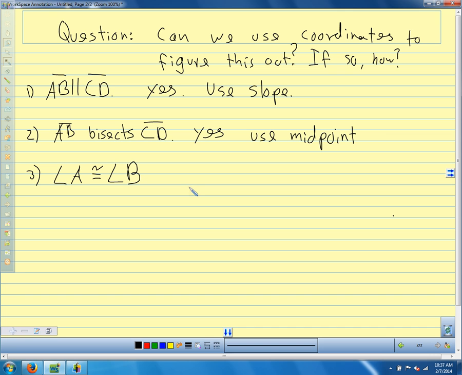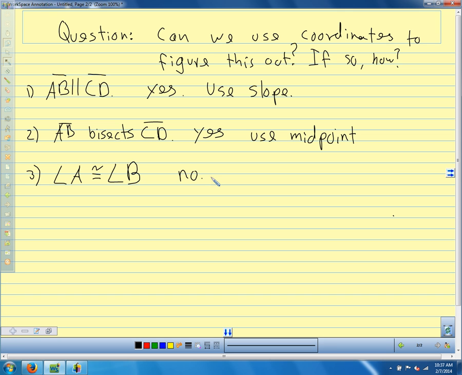So let's remember our three main formulas when we're using coordinates. Distance formula, midpoint formula, slope formula. Do any of those tell us anything about angles? Not really, right? In general, coordinates don't tell us about angles. So for now, I'm going to say no. Coordinates don't tell us about angles.